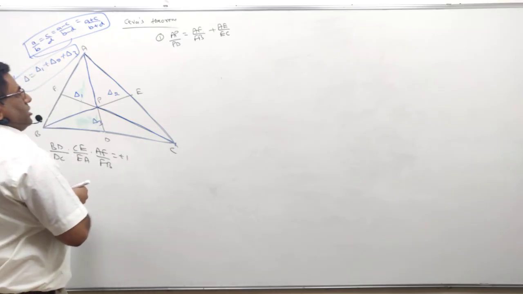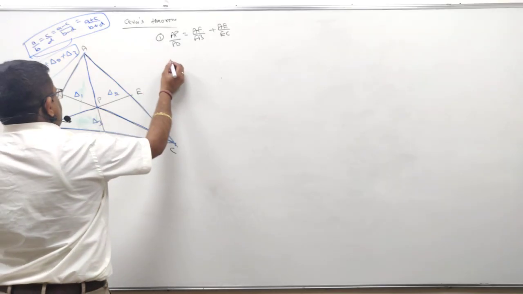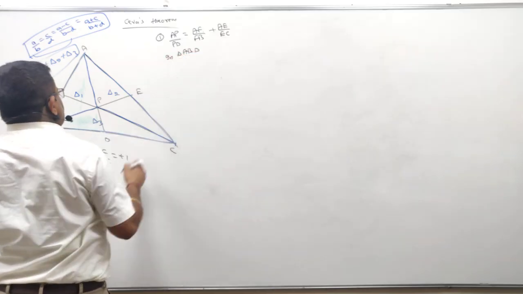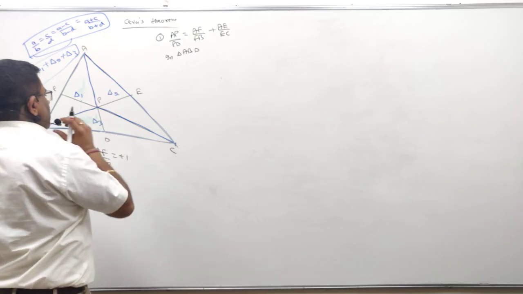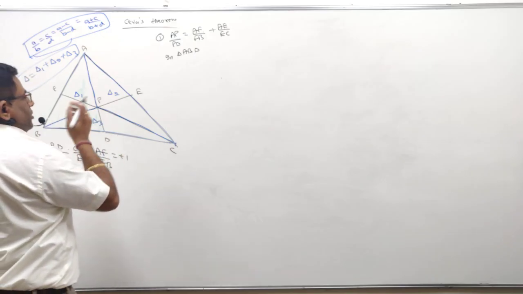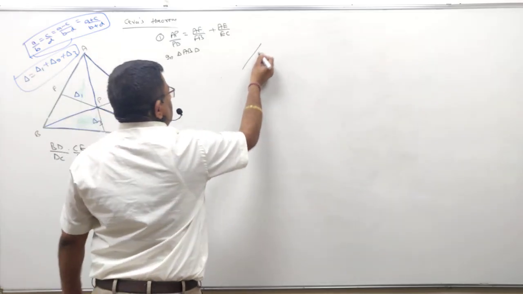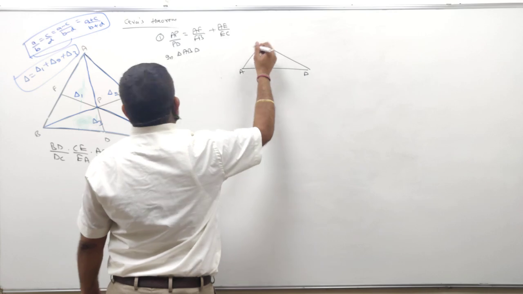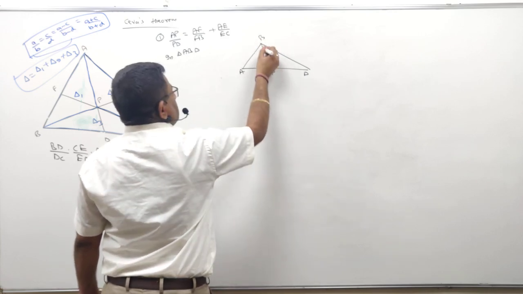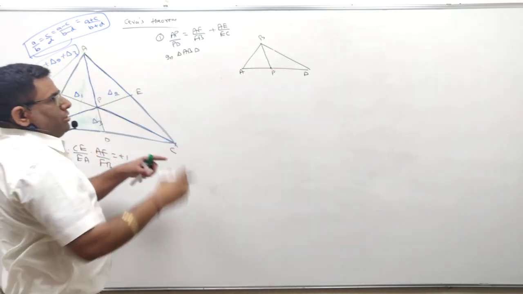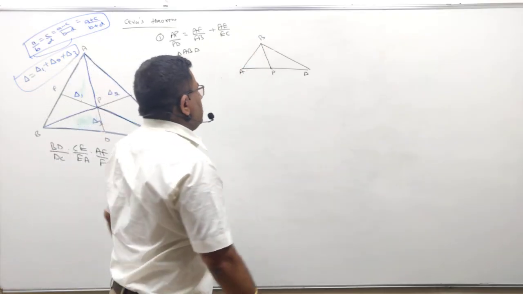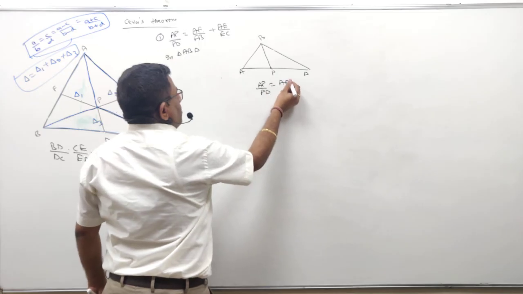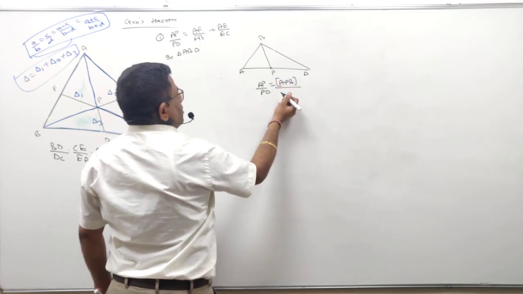So let us see how we can do this result. I would like to tell you this thing: if ADP is a triangle, for example, and P is any point, then AP upon PD is area of APB upon area of BPD.